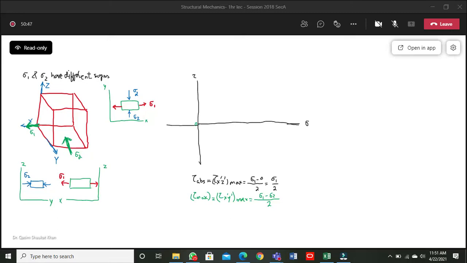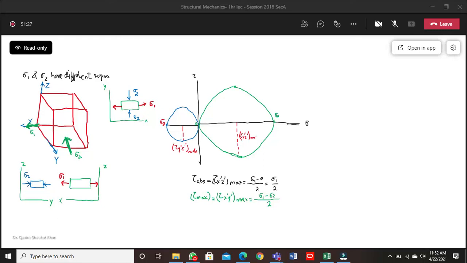So this is my sigma 2. So this is your tau x dash z dash. This is maximum.